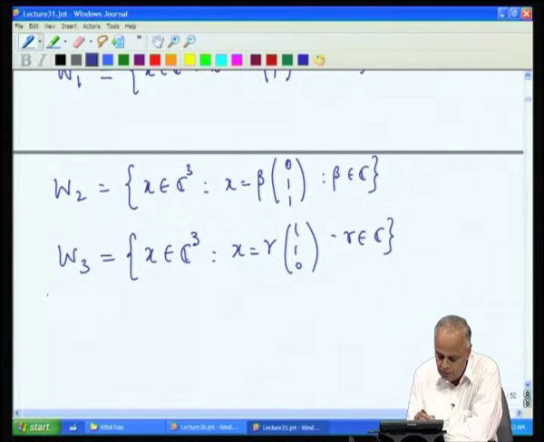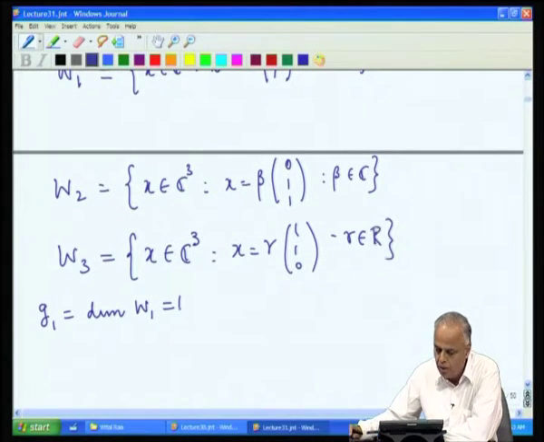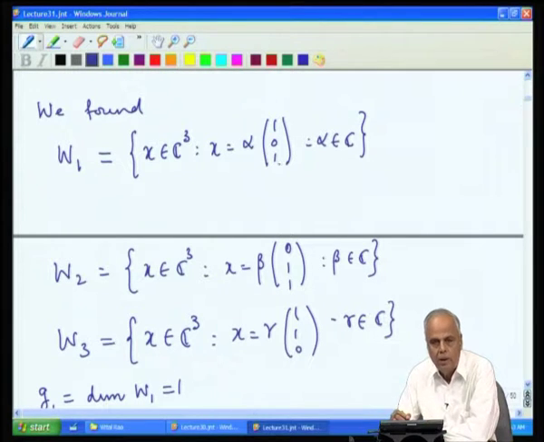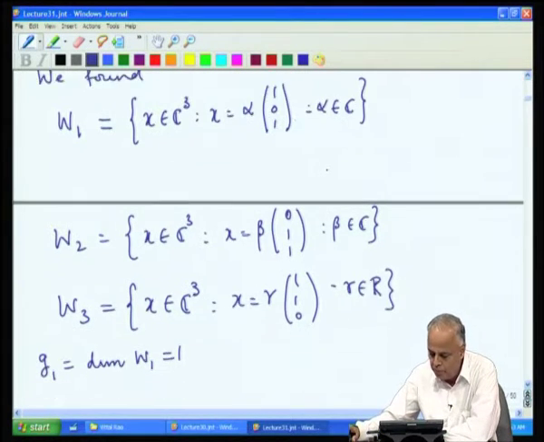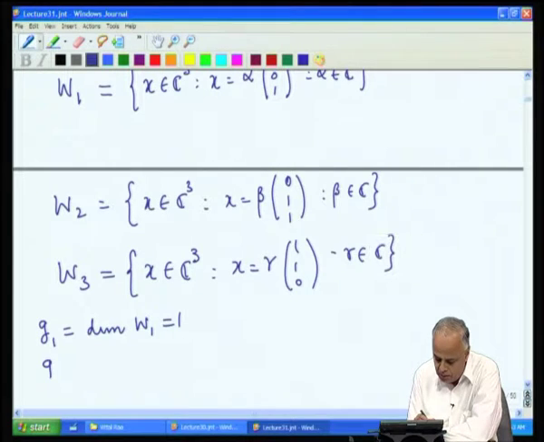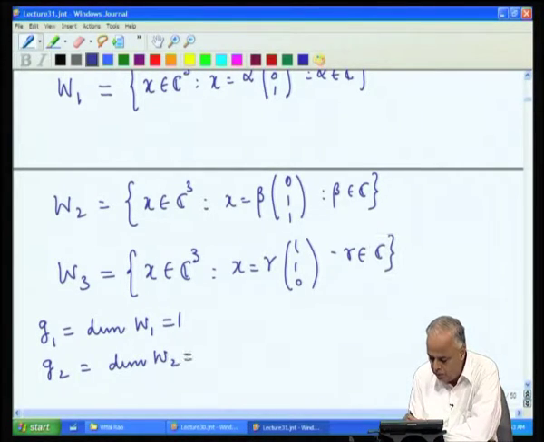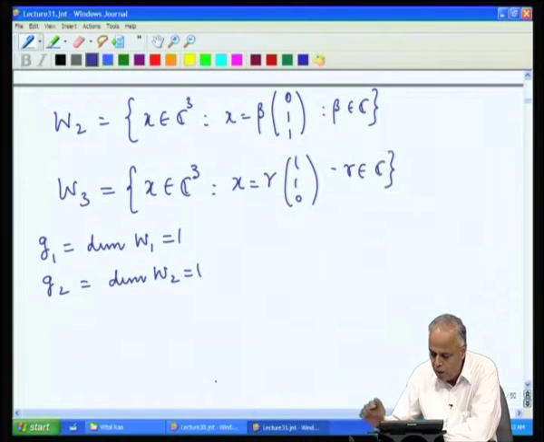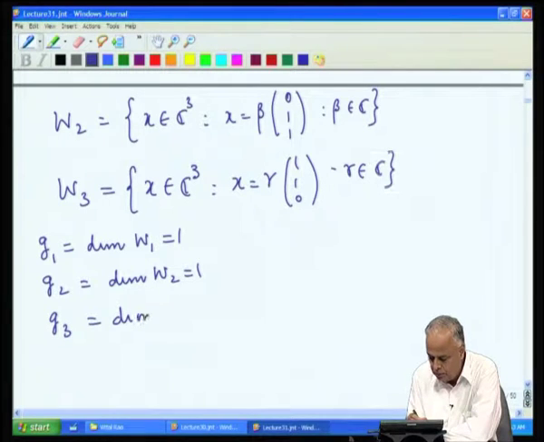Now, in this case we have g 1, the dimension of W 1, is 1, because (1, 0, 1) is a basis for W 1. Similarly, (0, 1, 1) is a basis for W 2, so the dimension of W 2 is 1. Similarly, (1, 1, 0) is a basis for W 3, so g 3, the dimension of W 3, is 1.